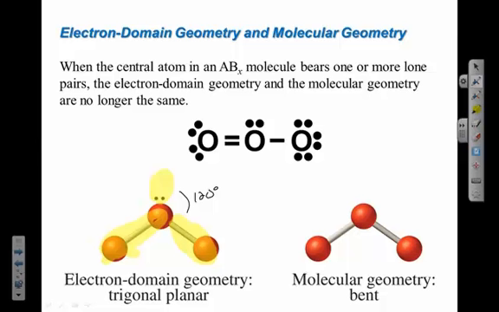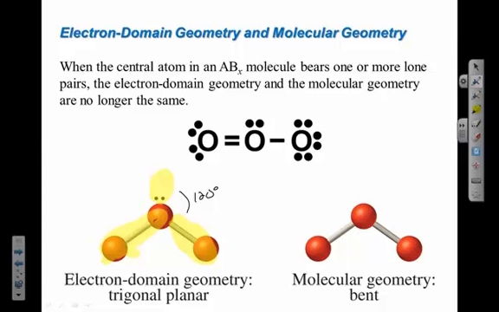But usually later when we analyze polarity and things like that, we don't have to worry about those lone pairs. We have to worry about them now because they will determine the shape that we get from the molecule. But once we have that shape, once we realize what the angles are, then we don't need to worry about the lone pairs anymore, because at that point we can analyze the polarity and the properties of the substance from the shape of how the atoms are connected.